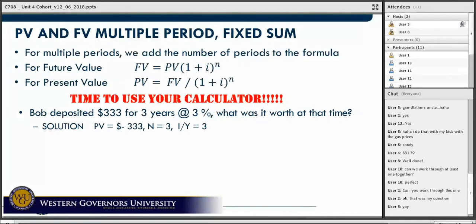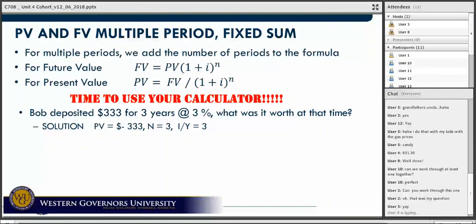So notice, we would put in 333 and we would make that negative because your calculator wants inputs and outputs. It's dealing with cash flows. So it expects that there are going to be inflows and outflows. So Bob deposited, he laid out $333, and then he had it on deposit for 3 years at 3%.